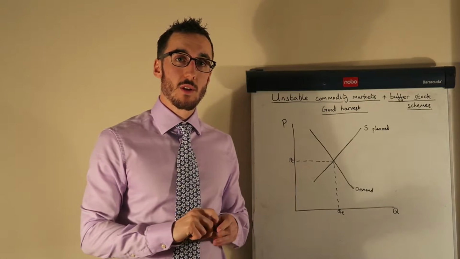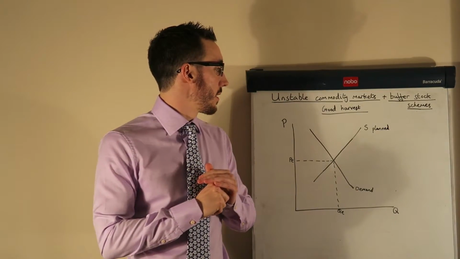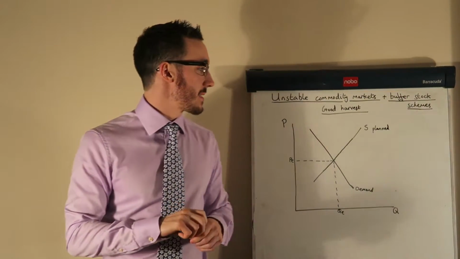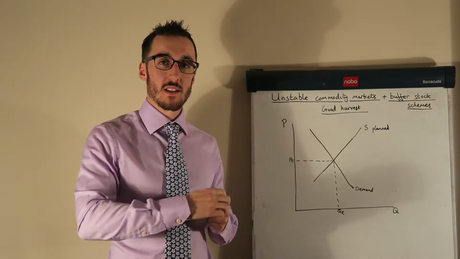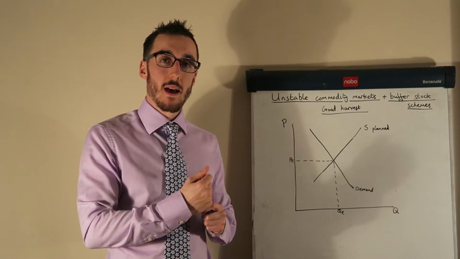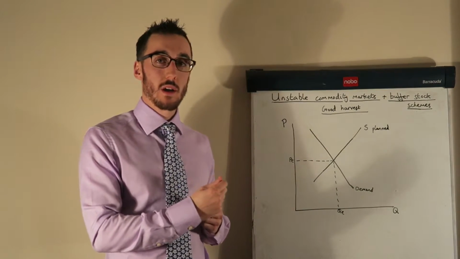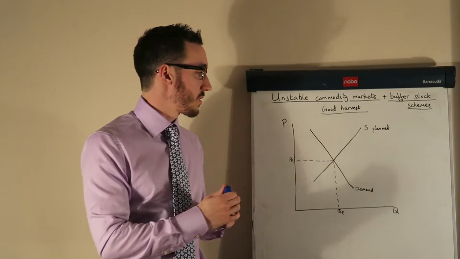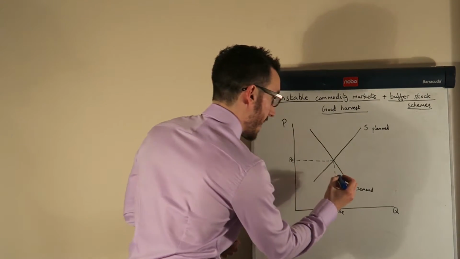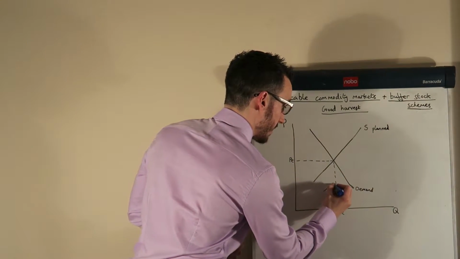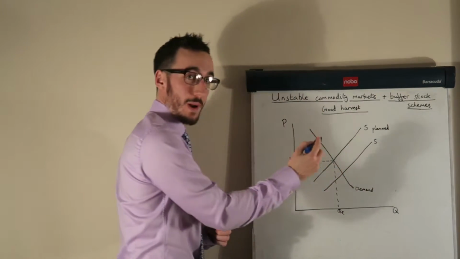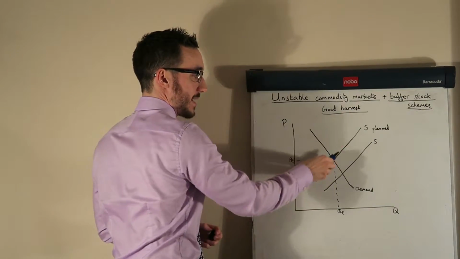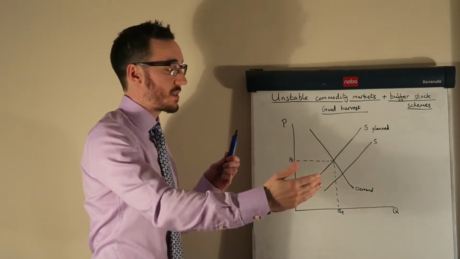So first off, let's look at a good harvest. Now, hopefully you remember that a good harvest is when the farmer gets lots of his wheat in, and that means the supply and the quantity will shift a lot to the right. So we have a good harvest. That's fantastic. Supply was planned to be here, but actually the harvest was much better than expected.